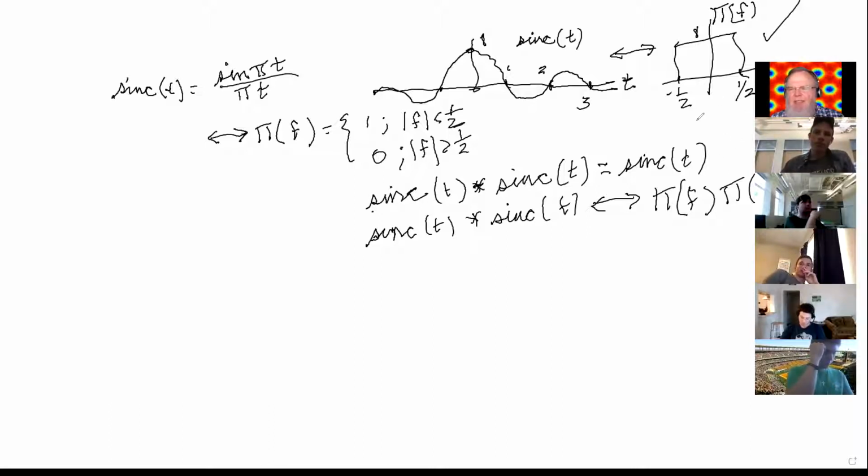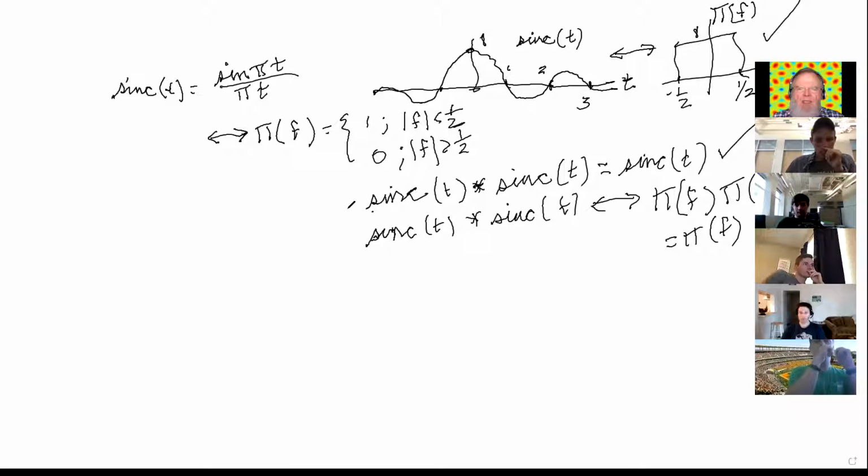And this function times itself is the function. You're either multiplying 1 times 1 or 0 times 0. Doesn't matter. So therefore, this is the correct answer. A sinc convolved with a sinc is equal to a sinc. A very curious result, I think.